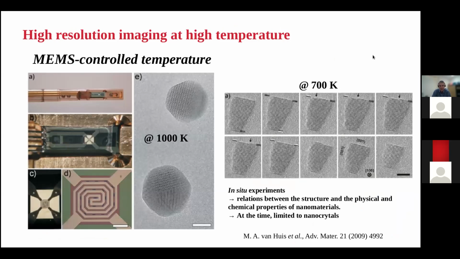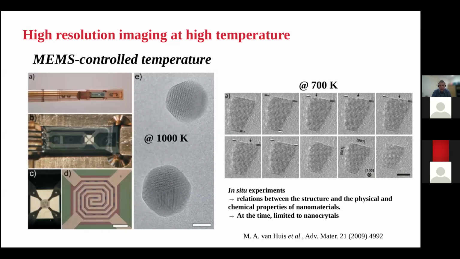The MEMS chip was introduced a bit more than 10 years ago now. It was really a revolution at the time for performing in situ TEM experiments, because it allowed great stability at elevated temperature.